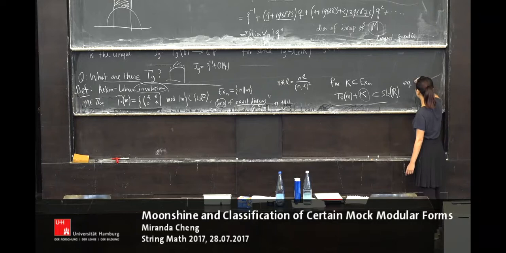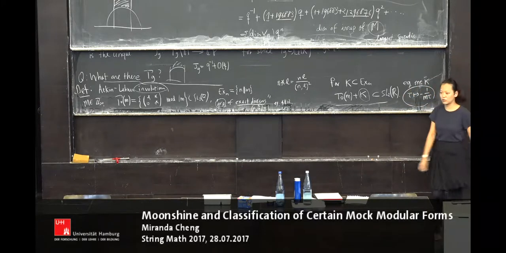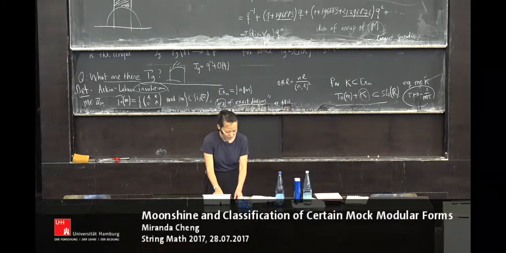So for instance, if M itself is in the group, then there's a certain element of this group that will map tau to -1/(M tau). So it's a variation of the usual S transformation.